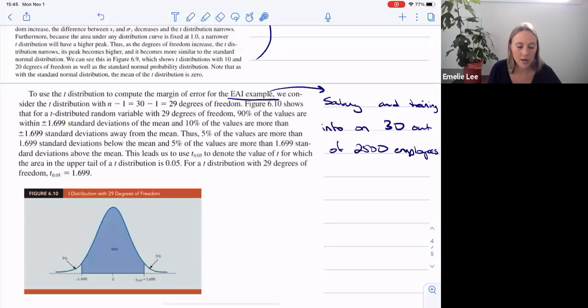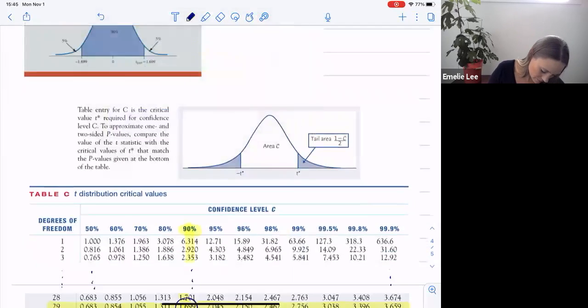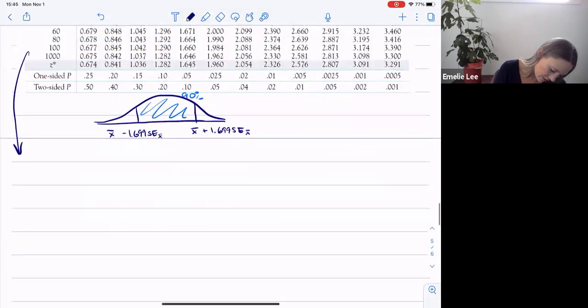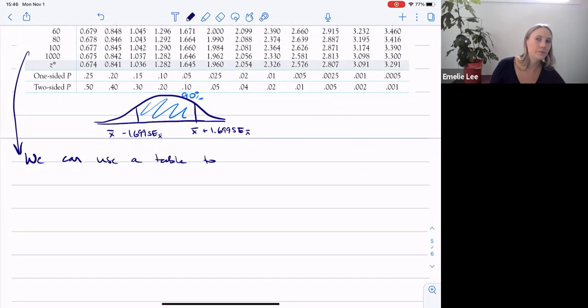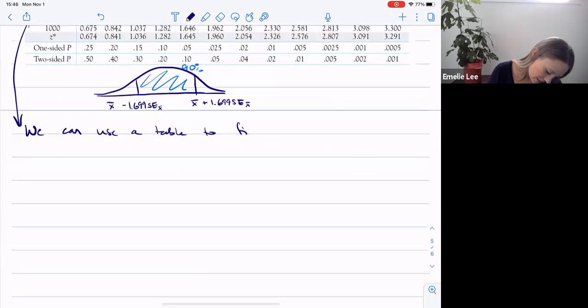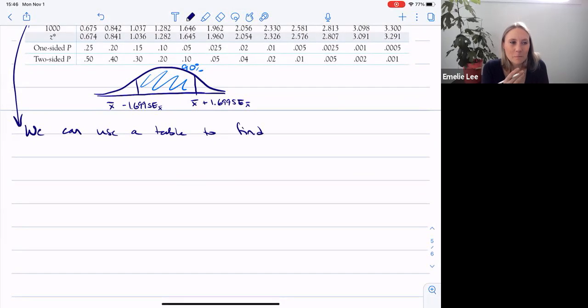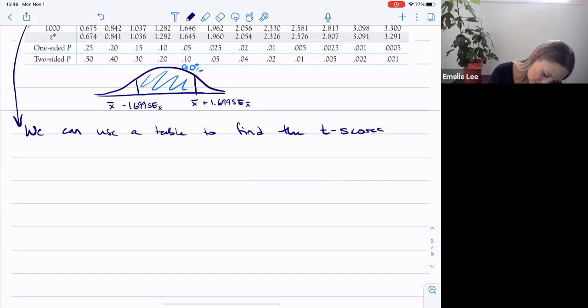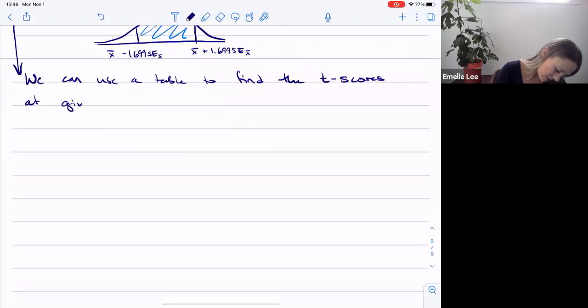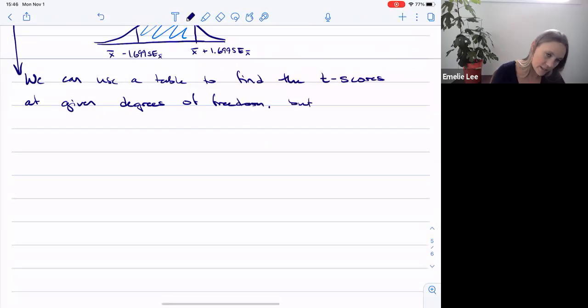Usually we would use software instead. So I'll make a note here. We can use a table to find, I don't want to call them critical values quite yet, but they are, the t-scores at given degrees of freedom, but for more precise values, we should use software, right?